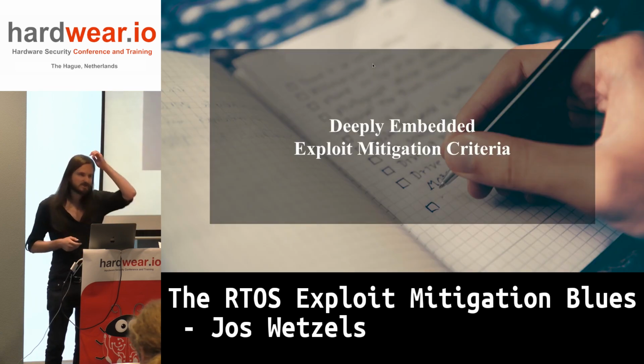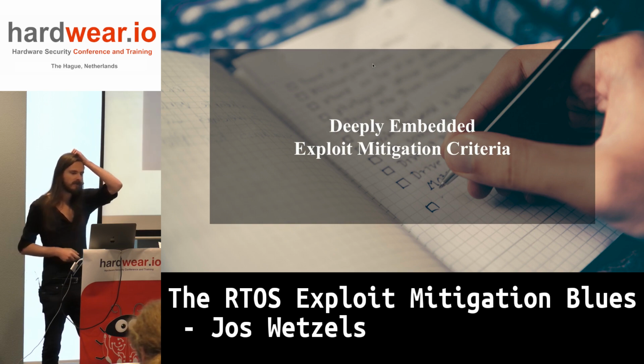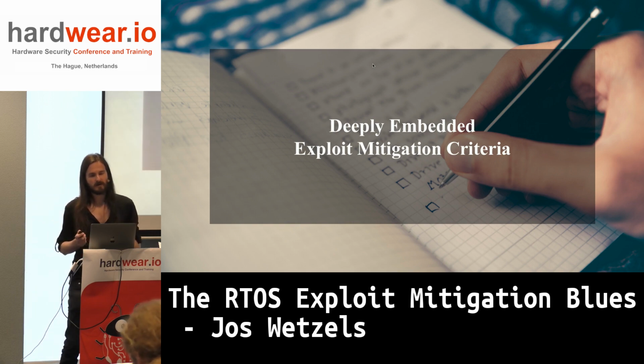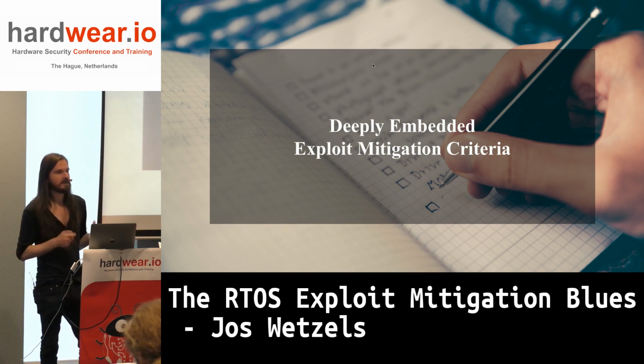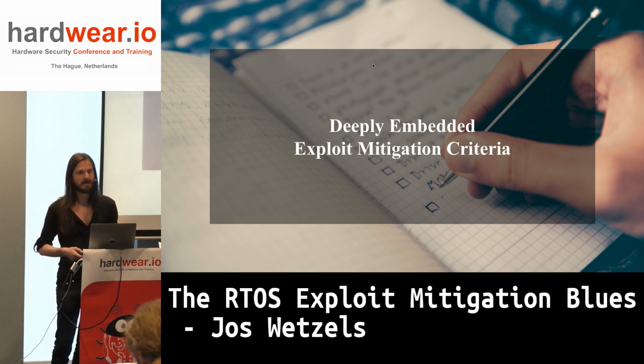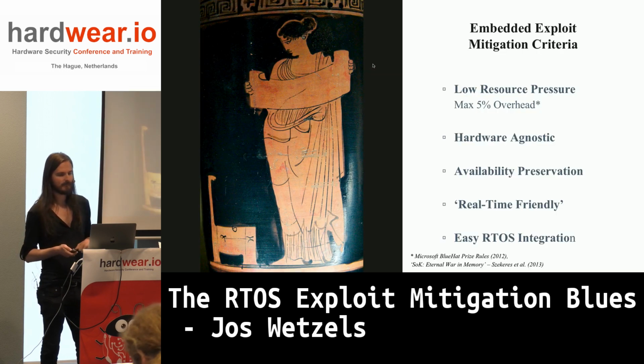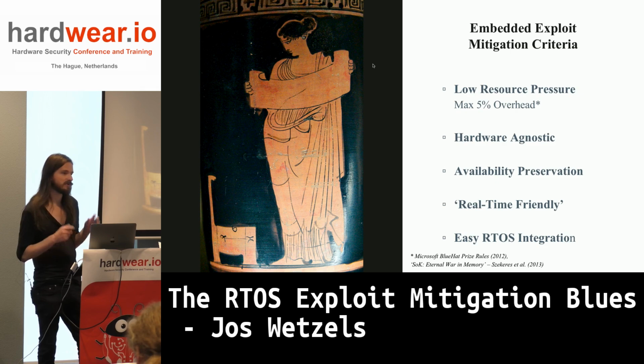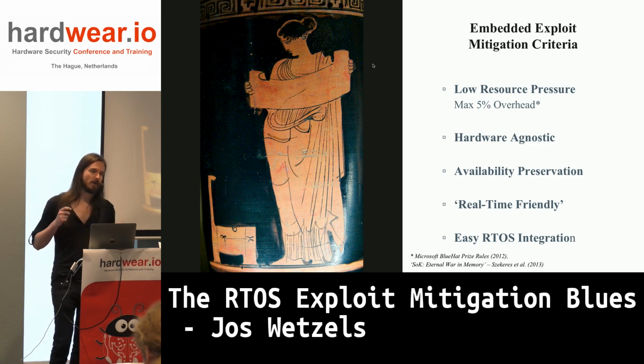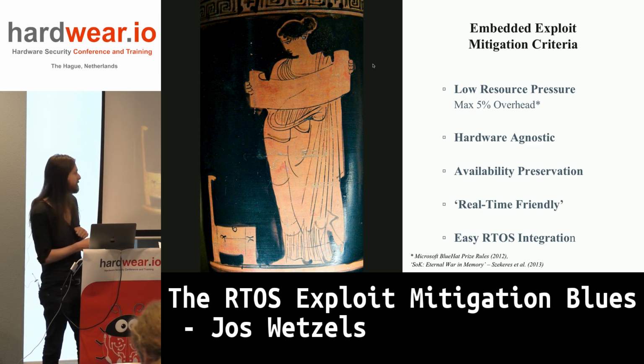So based on these challenges and all this stuff I looked at, I outlined what I think are suitable criteria for deeply embedded exploit mitigations. If people want to design this and want it to be deployable, it should probably fit those criteria. So when it comes to the mitigations themselves, I think low resource pressure is really important. So at most, across all metrics, 5% overhead.